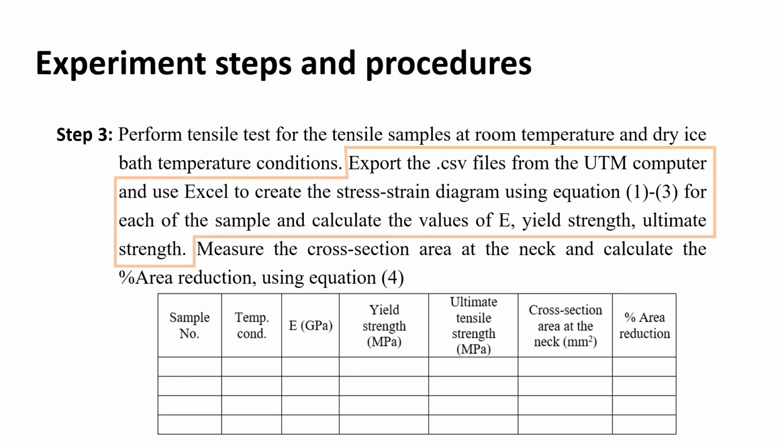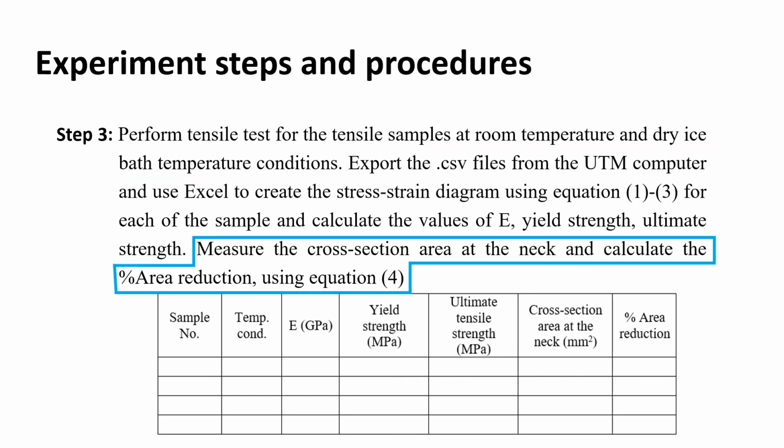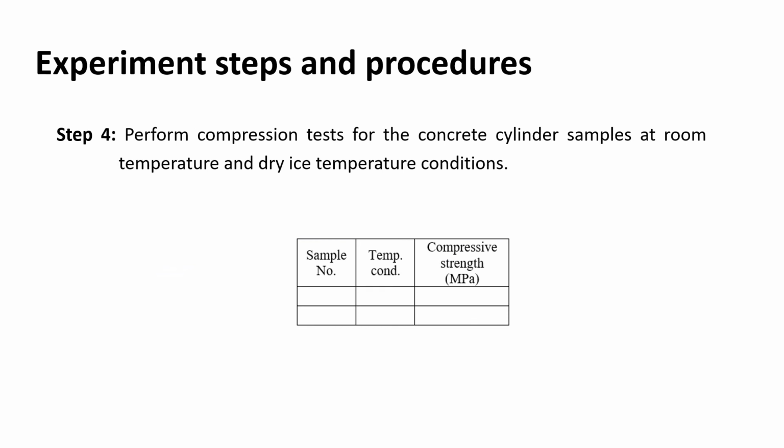Export the CSV files from the computer and use Excel to create the stress-strain diagram using equations 1, 2, and 3 for each of the samples and calculate the values of E, yield strength, and ultimate strength. Measure the cross-section area at the neck and calculate the percentage of reduction using equation 4. Finally, perform compression tests for the concrete cylinder samples at room temperature and dry ice temperature conditions.